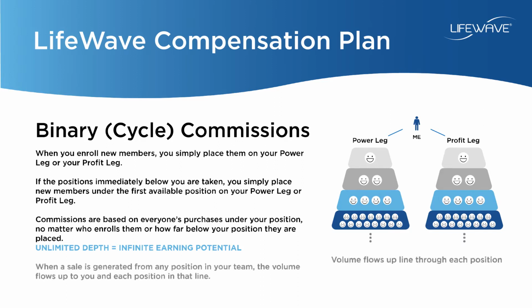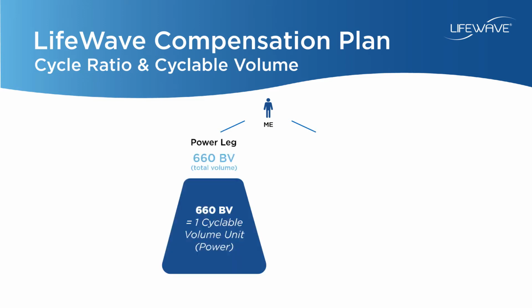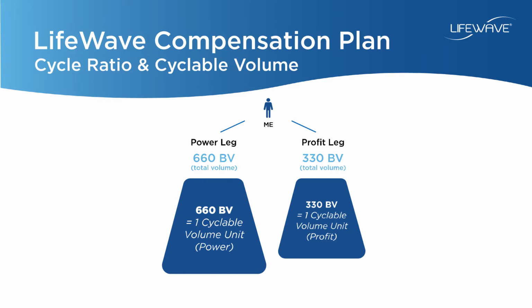Every single customer, every single distributor, every single member that's purchasing, you earn commissions on that volume as long as it meets the cycle ratio and is within the maximums that you can earn based on your paid as rank. Now let's talk a little bit more about cycle ratio and cyclable volume. In order to meet that cycle ratio, you have to have 660 BV on your power leg and 330 BV on your profit leg.